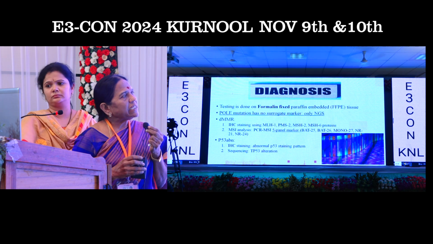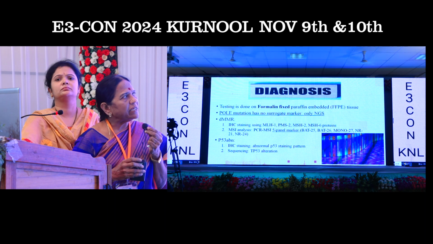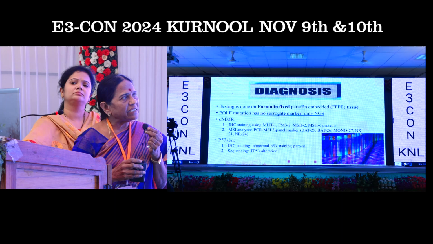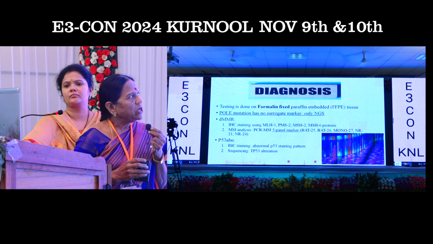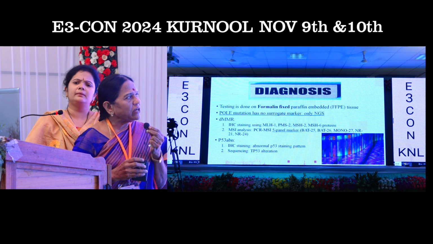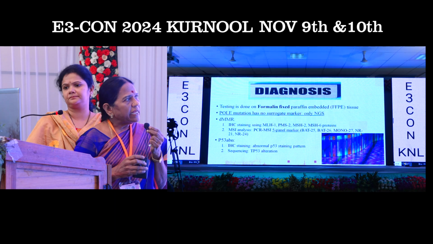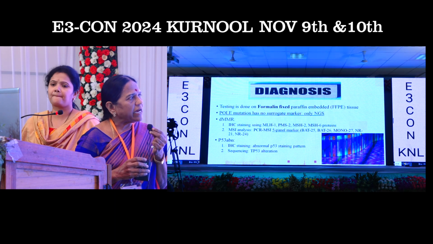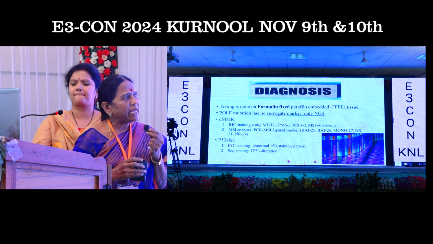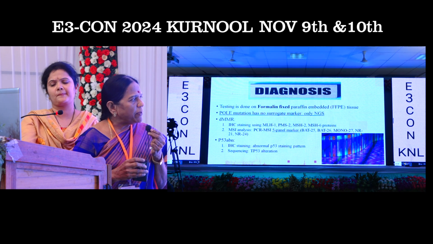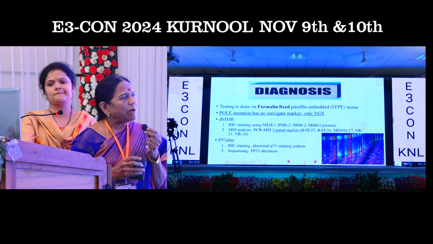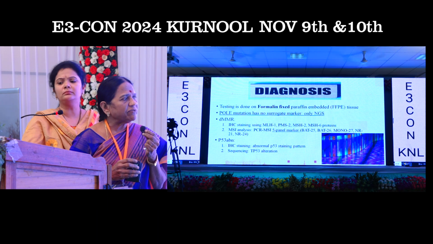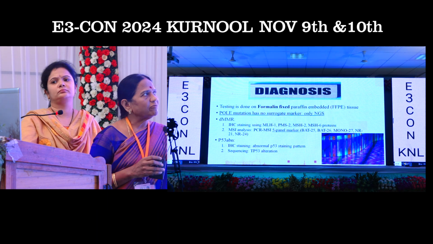So diagnosis is by testing the formalin-fixed paraffin-embedded sections, and POLE mutant has no surrogate marker, only NGS, that is next generation sequencing of genes, we have to do. dMMR requires IHC staining along with NGS, that is MLH1 and other things, and MSI analysis requires the PCR MSI 5 panel markers, whereas P53 abnormality requires an abnormal P53 staining pattern when you do the IHC staining and sequencing for the TP53 alterations.